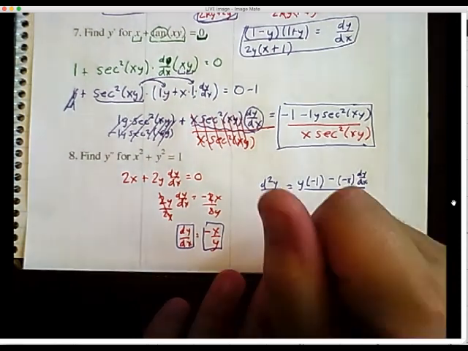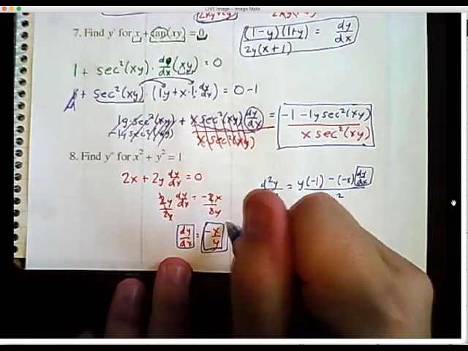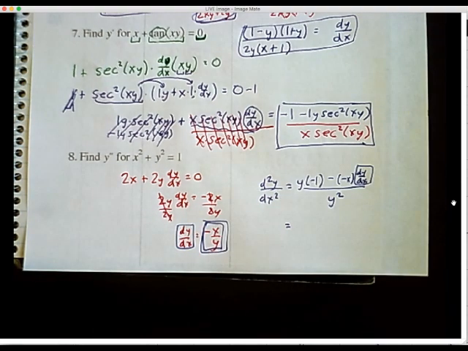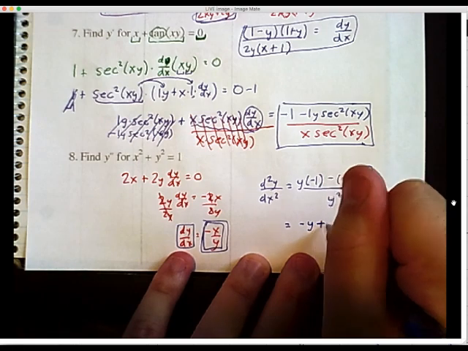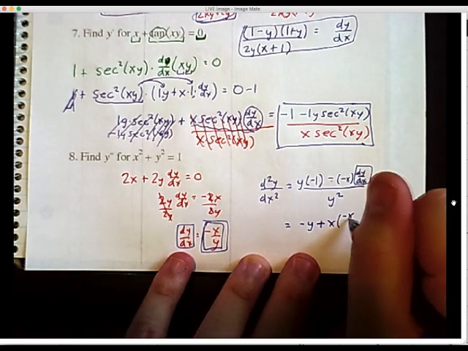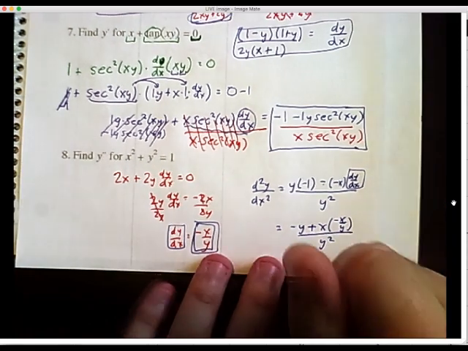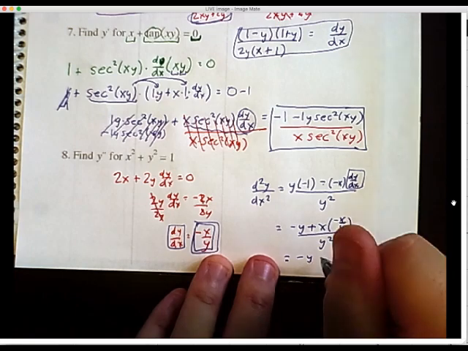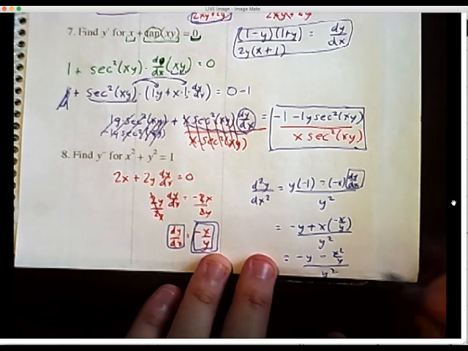But I know that dy over dx is equal to this thing, so I can substitute. So I get negative y plus x, two negatives, but I need to multiply that times another negative x over y, squared. I can write it like negative y minus x squared over y, all over y squared.